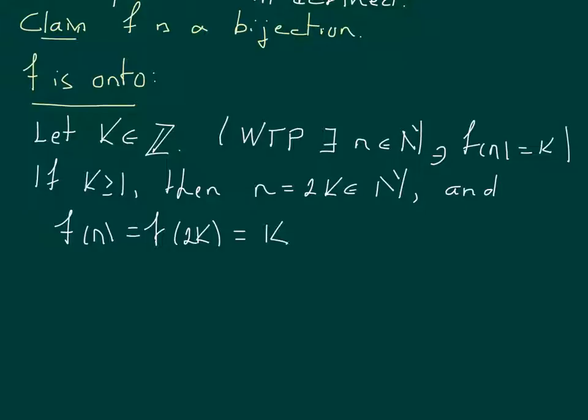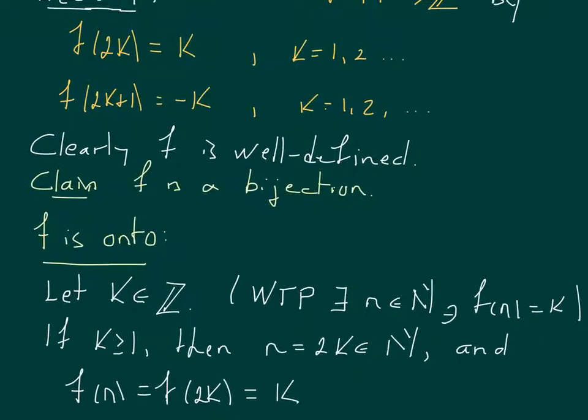Well, f of 2k is just k, which is what we needed. Look up at our formula, and you see that f of 2k is k. All right, so now what?